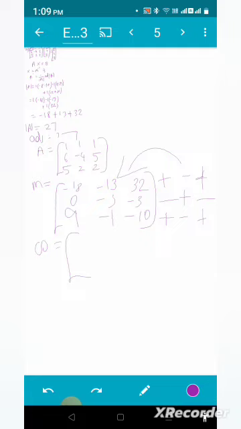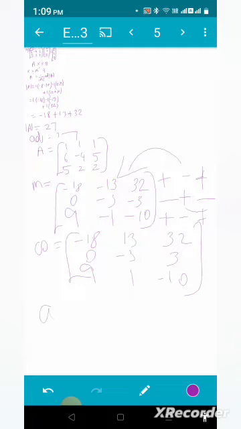So minus 18, then minus into minus, that is plus 13, plus 32, minus 0, that is 0, minus 3, then minus of minus, that is plus 3, then plus 9, minus into minus, that is plus 1, minus 10. So this is the cofactor value.